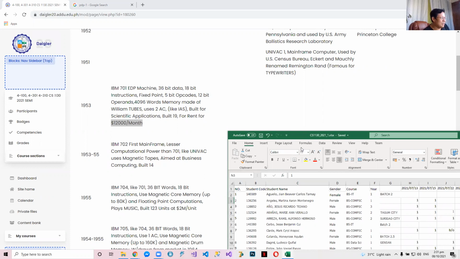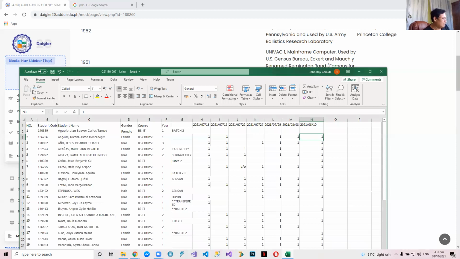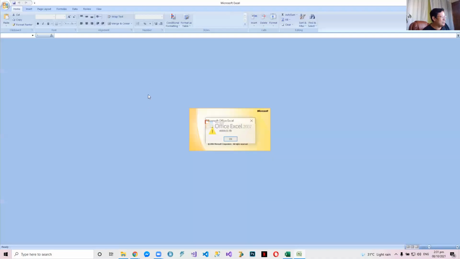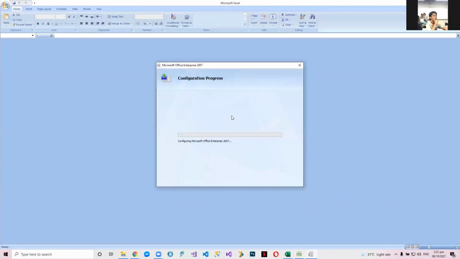I think it's 4096. Let's check in Excel. Because we have 12 bits, so 2 to the 13. 4096. Yes, that's why you have 12-bit operands, because you have 4096 words in memory.